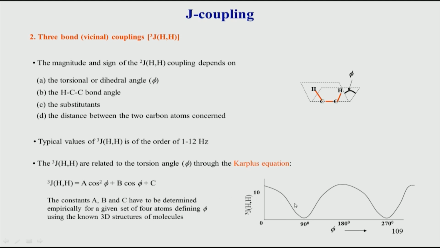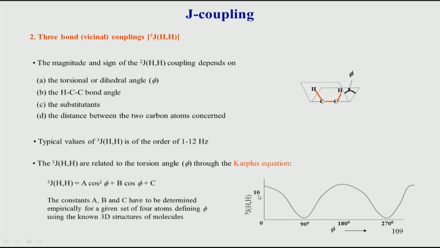You can see from this equation one thing: if I know the torsion angle, it does not give me the J value uniquely, because there is a quadratic equation. A quadratic equation will always have 2 solutions for phi. So, if I know the J value from experiment, it does not mean that I can calculate phi uniquely, because this is a quadratic in the angle phi, and therefore it will have 2 solutions.